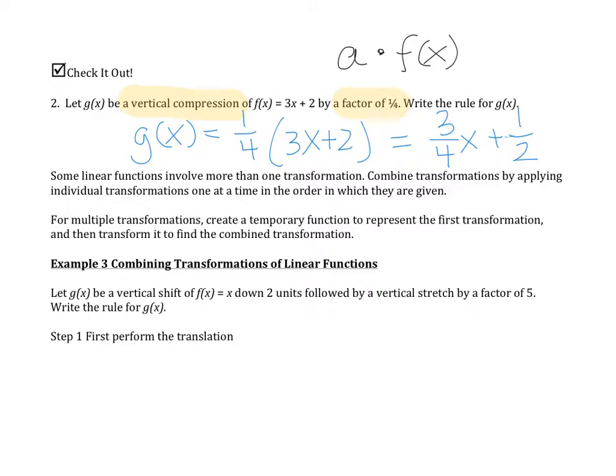Okay, so it's really a matter of comparing what it's asking for to your table, which again you're allowed to put on a note card, and deciding, is it a B factor or an A factor? A factors multiply the whole function. B factors are 1 over that B and replace the x.